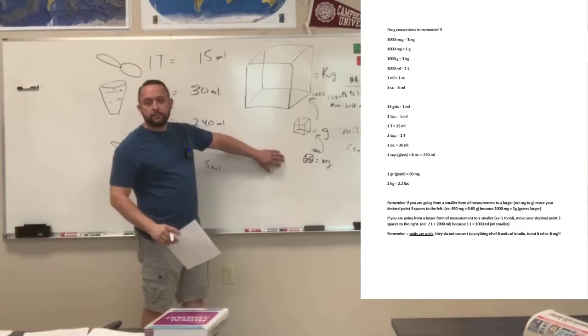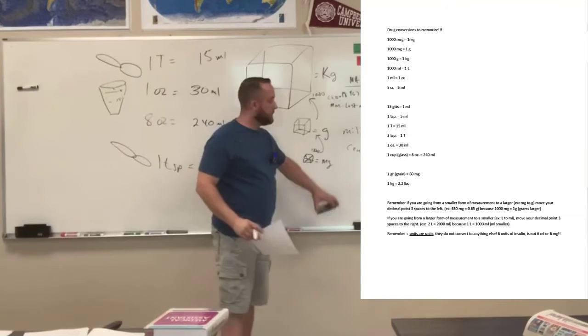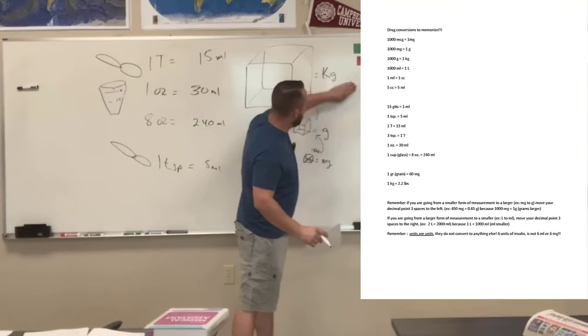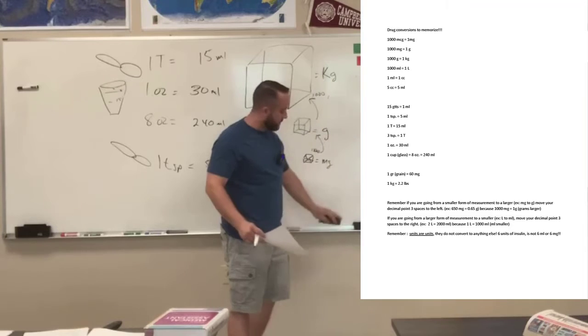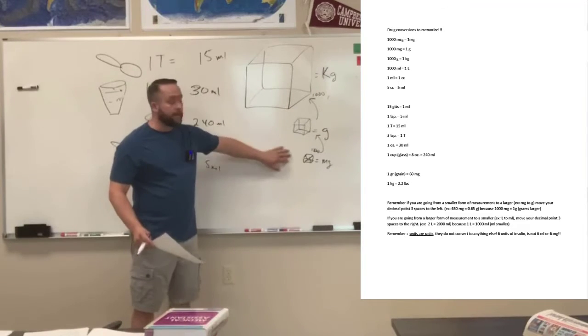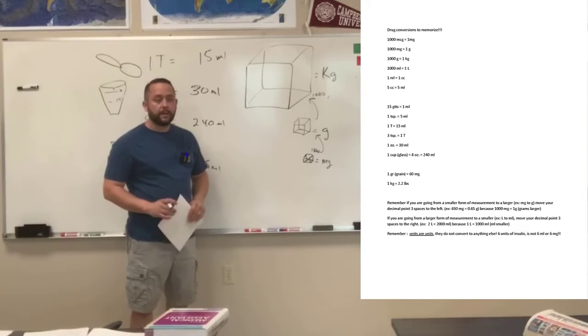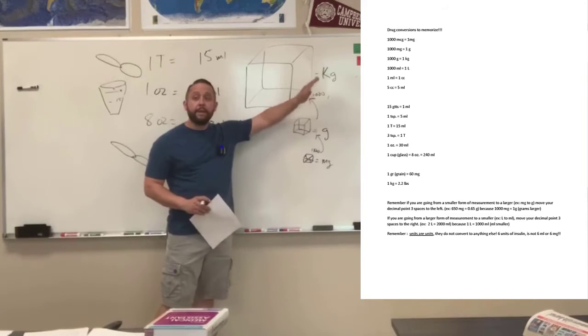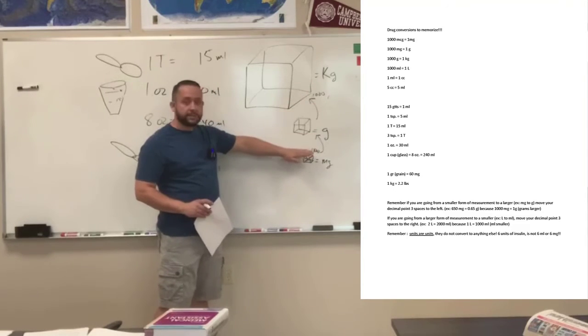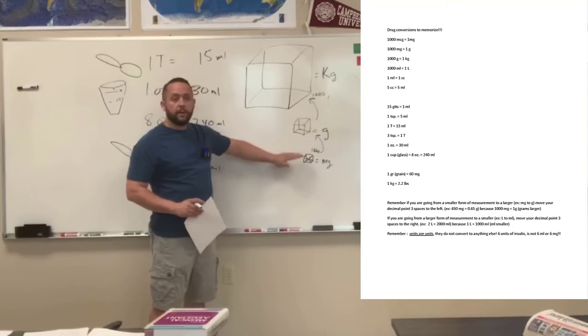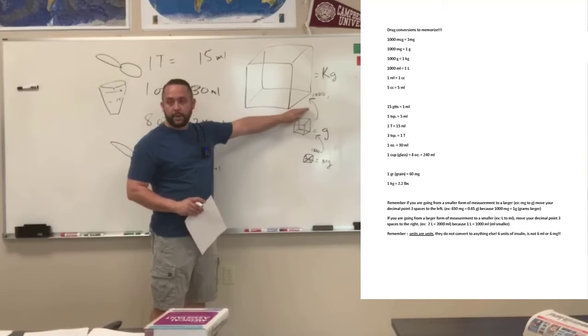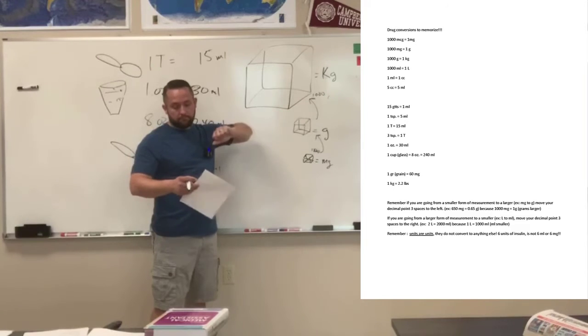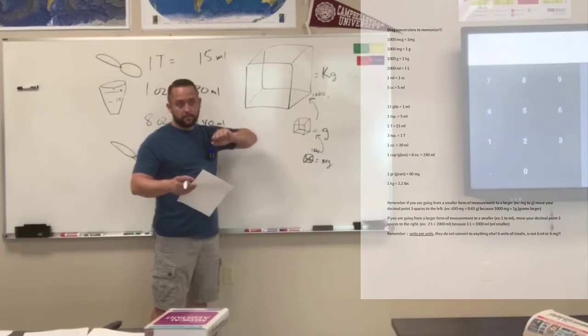Think of the blocks. Sometimes it helps people to have a visual representation of these numbers. And in my head, that's how I do it a lot of times. So how many milligrams are in a kilogram? How would you get that number? Just looking up here, I would multiply 1,000, probably times 1,000, right? Do you agree with that?